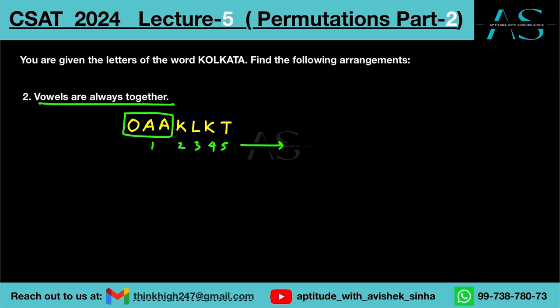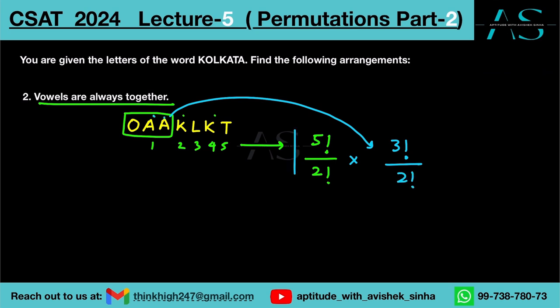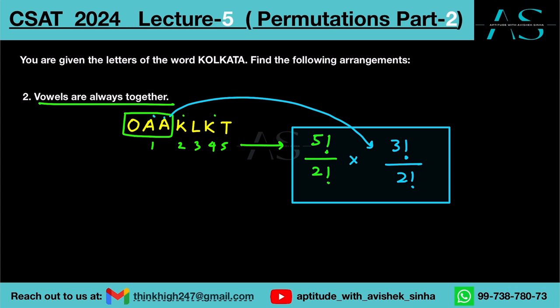How many elements? 5. Out of these 5 elements, you can clearly see K is repeating 2 times. So upon 2 factorial. Now you tend to break the box. Once you break the box, you see there are 3 elements, and out of these 3 elements, A is repeating 2 times, so upon 2 factorial. And that is my answer for vowels are always together for repetitive.